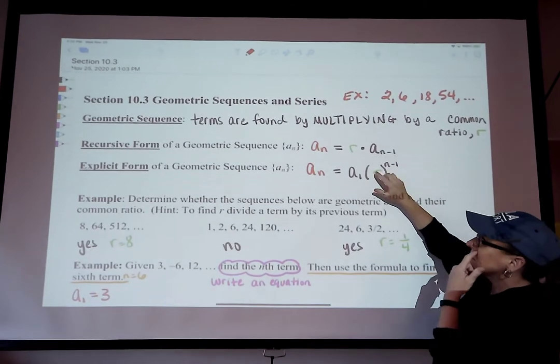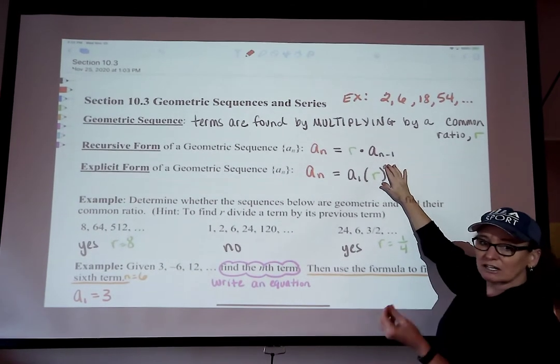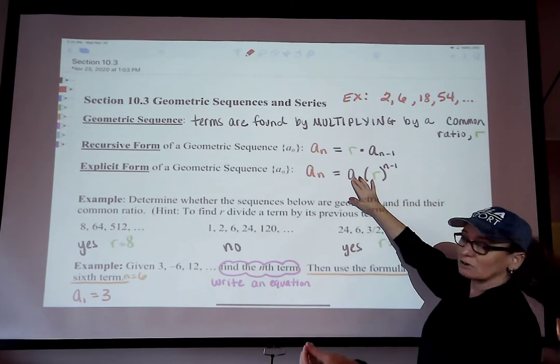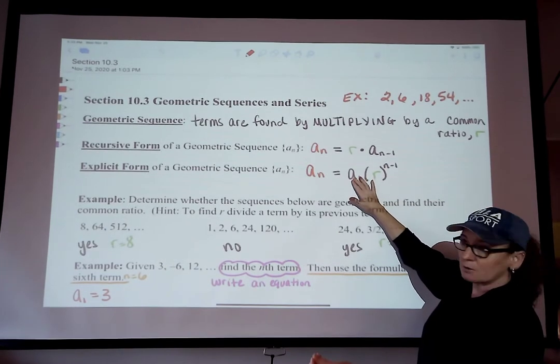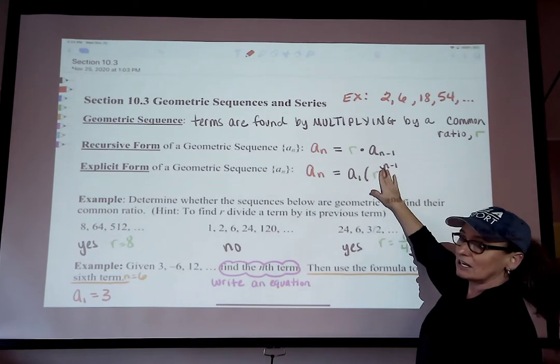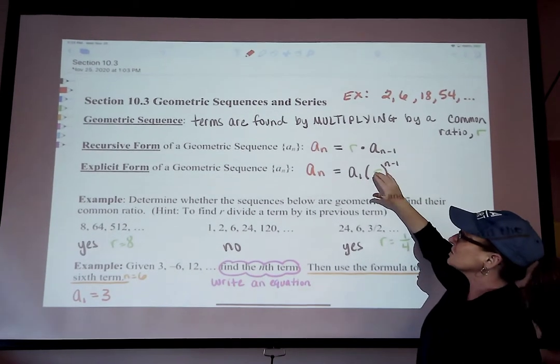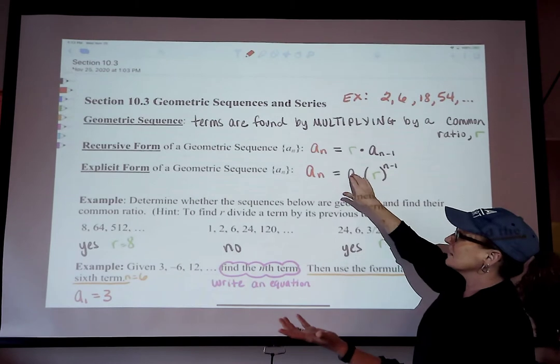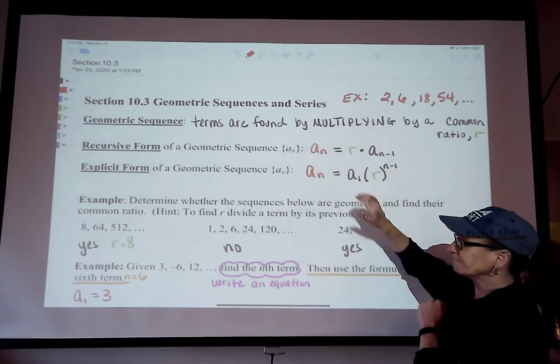Keep in mind, this exponent only rests on the ratio. It doesn't rest on the first term. The first term is like the coefficient of this power, so it's attached by multiplication.